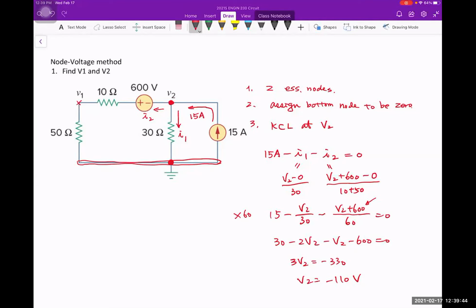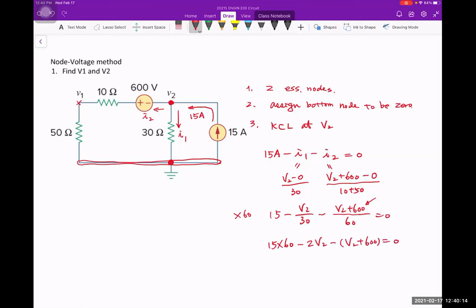So I multiply 60 on this equation. Oh, this is not... okay, so I see I did something wrong here. Sorry. If I multiply by 60, this should be 15 times 60, and minus 2 times V2, minus V2 plus 600.